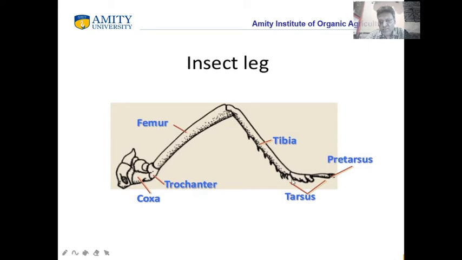You can see 5 different segments, 1, 2, 3, 4, 5. These 5 segments constitute the tarsus. The first one is called the basitarsus, and the second, third, fourth, fifth are called tarsomeres.